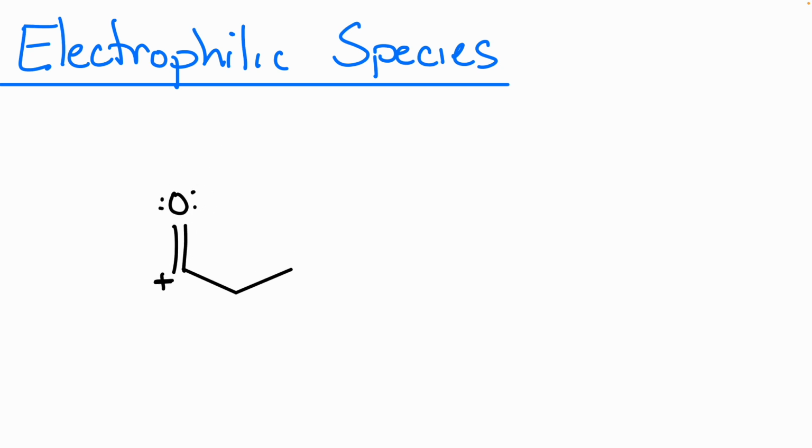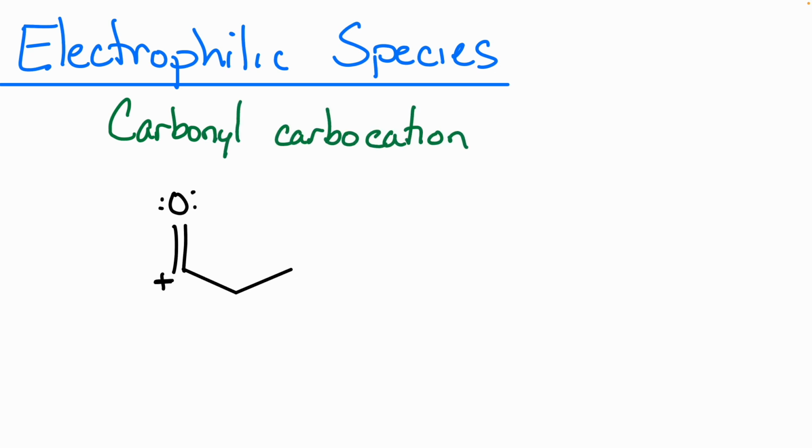Our carbonyl carbocation. And if you thought shifts were a pain in the butt before, then you're in luck because you don't have to worry about them for these. It turns out that the carbocation will remain on that carbonyl carbon. It's nice and stabilized by that oxygen, so no shifts.